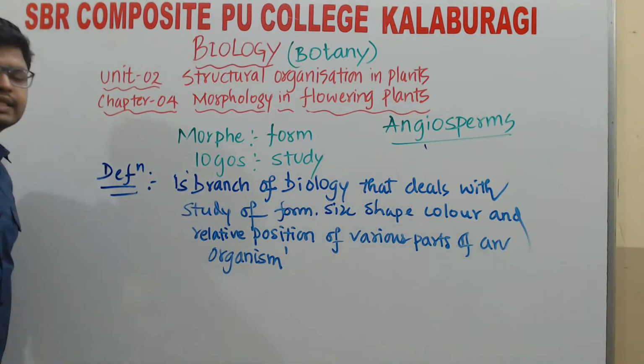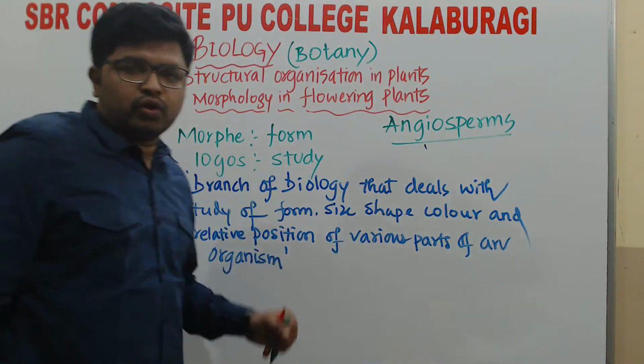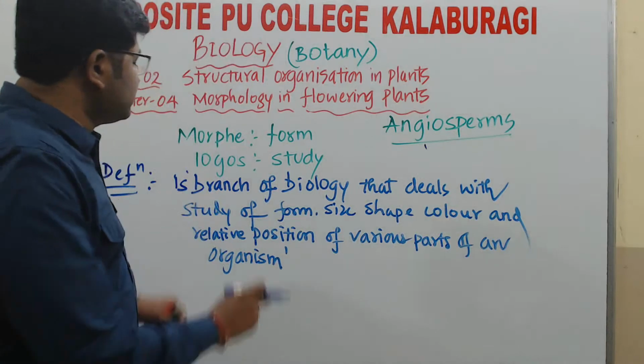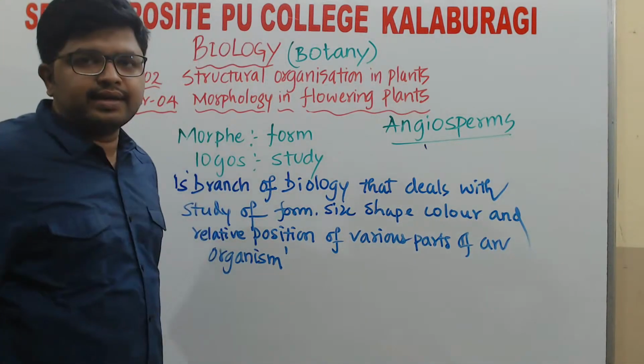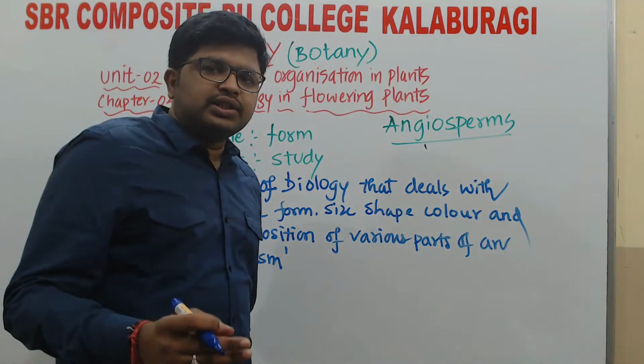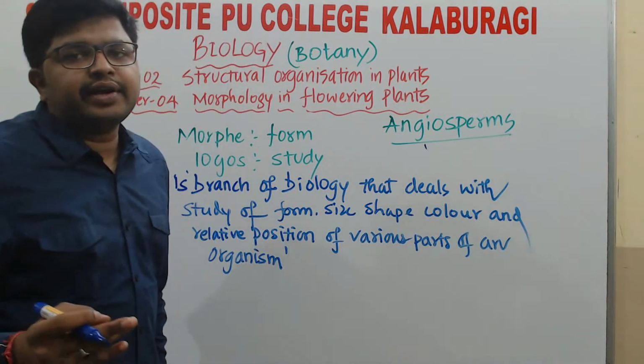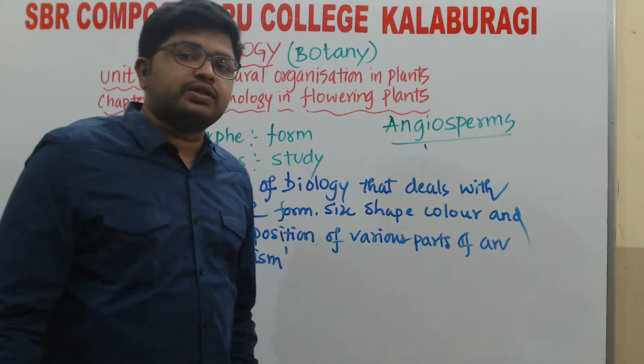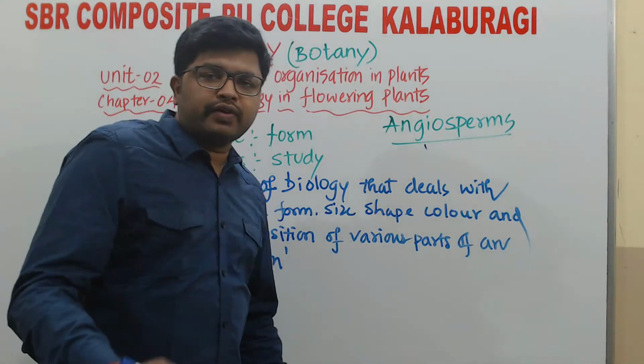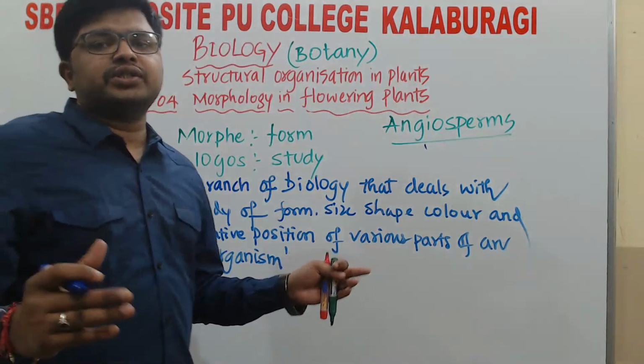Okay, so this is the definition of morphology. What is morphology? Morphology is a branch of biology that deals with the form, size, shape, color, and relative position of various parts of an organism. So external features you can see.